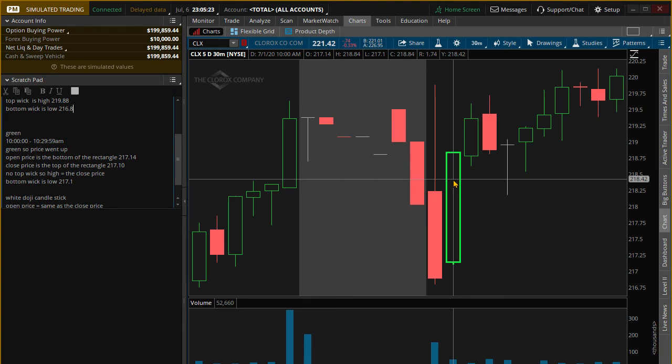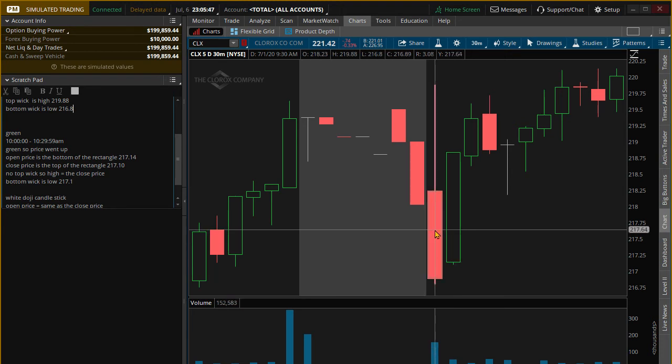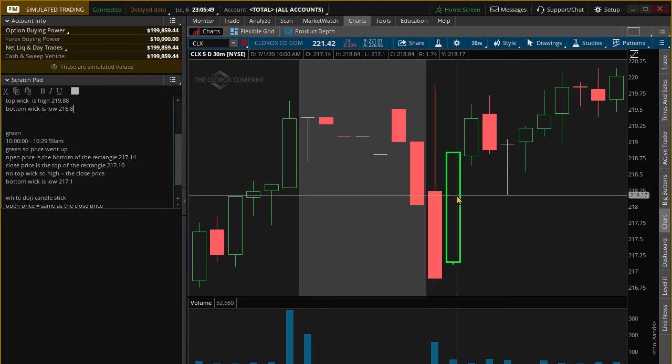That's why there's no wick at the top. And for the bottom, it's pretty short, but there's still a little wick at the bottom. You can see that the low is 217.1. Alright, so that's it for the red candlesticks and the green candlesticks.